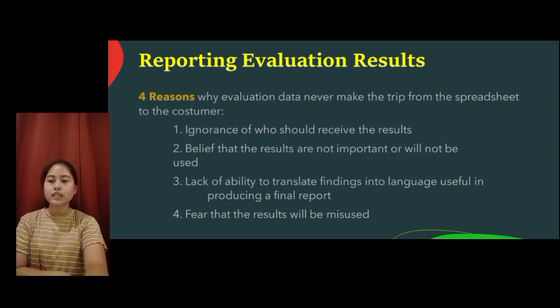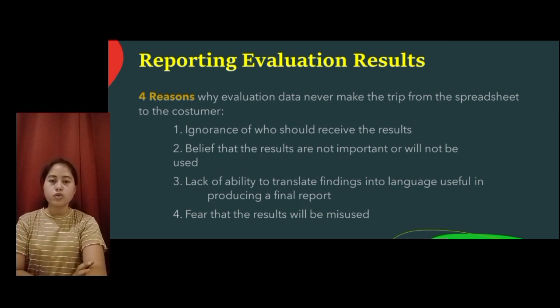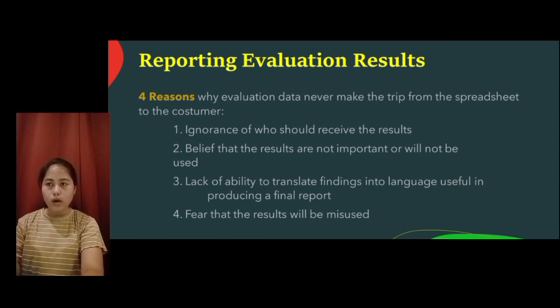Next is the lack of ability to translate findings into language useful in producing a final report. Next is the fear that the results will be misused. Some researchers fear that the results will not be used properly. So those are the 4 reasons why the evaluation results are not shown.